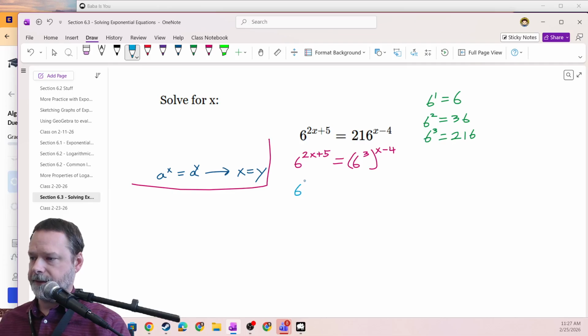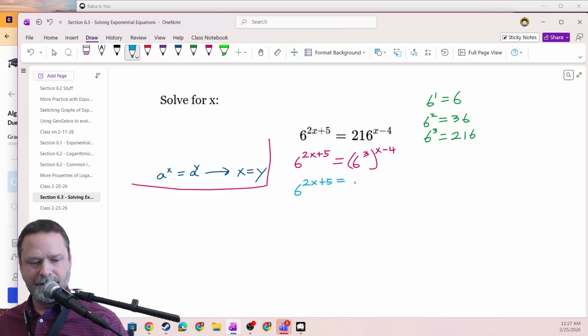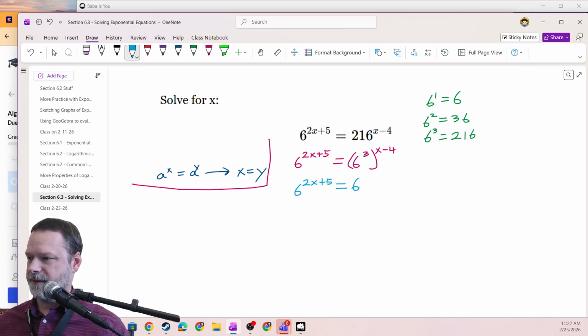So I'm going to do that first. 6 to the 2x plus 5 equals 6 to the, distribute 3 into the x minus 4, so it would be 3x minus 12.